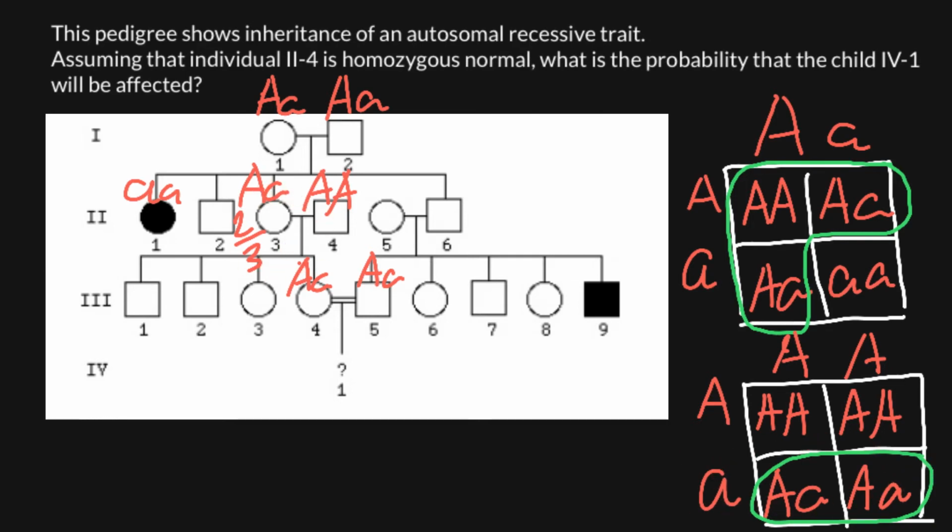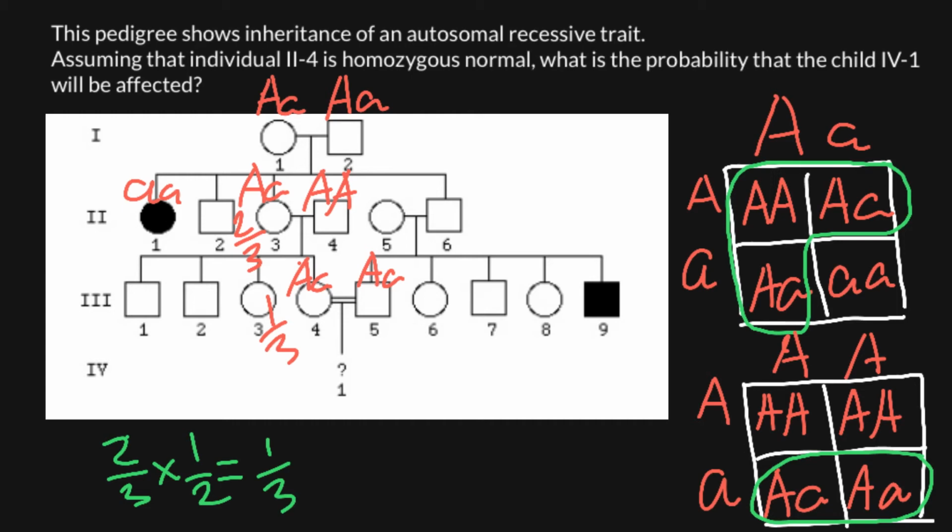So we have to multiply 2/3 by 1/2, the probability to pass her defective allele to her daughter, and we find that the probability for her daughter to be heterozygous is 2/6 or 1/3. So we can put this number here. The probability of this female to be heterozygous is 1/3.